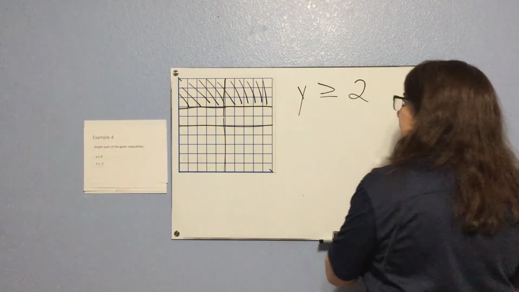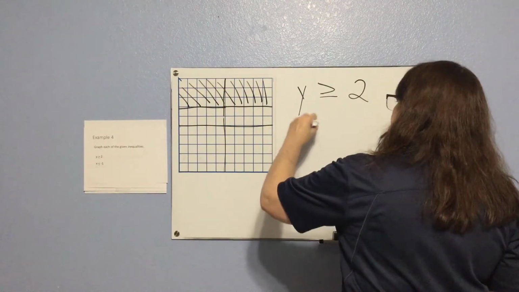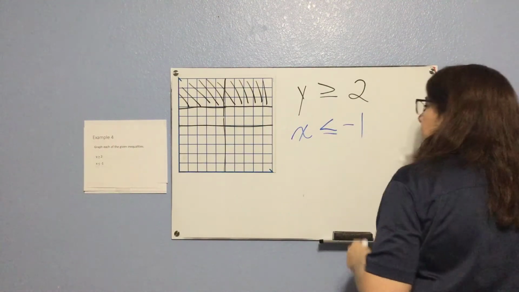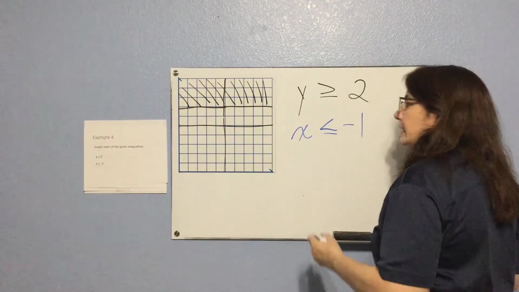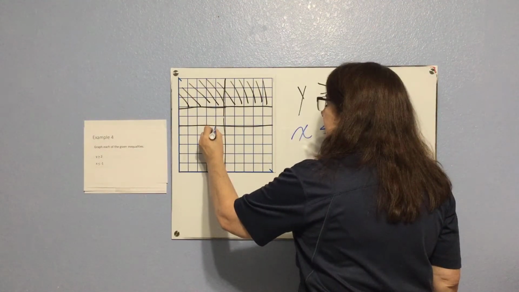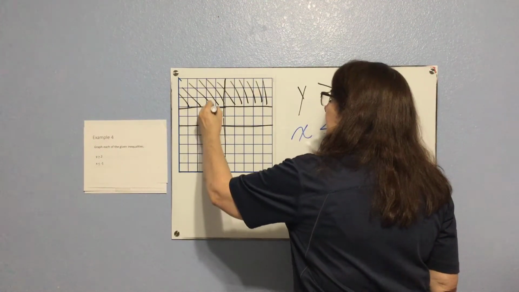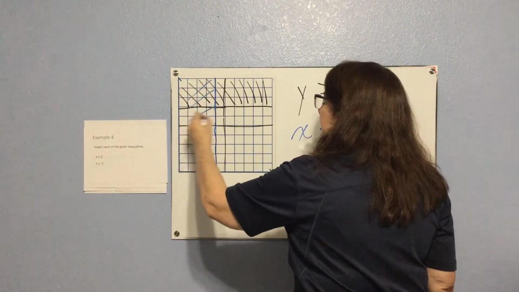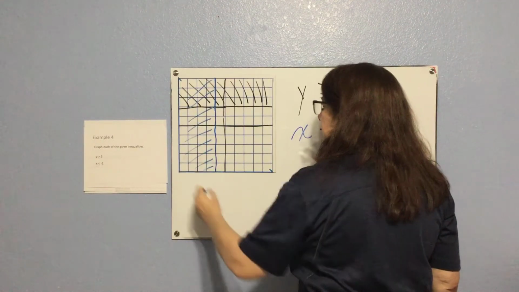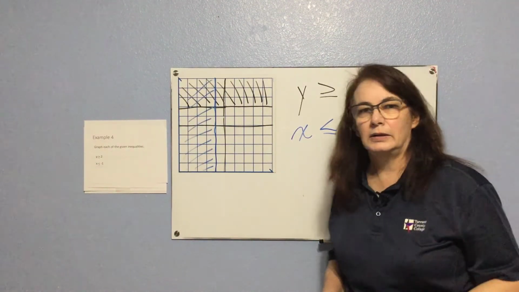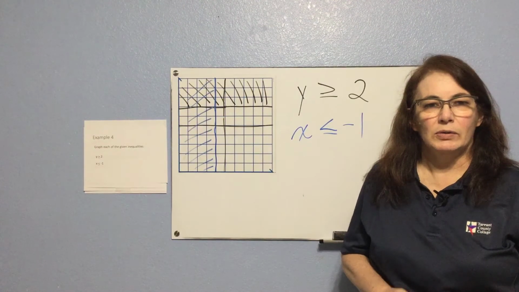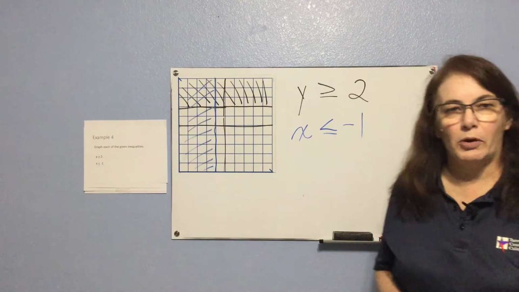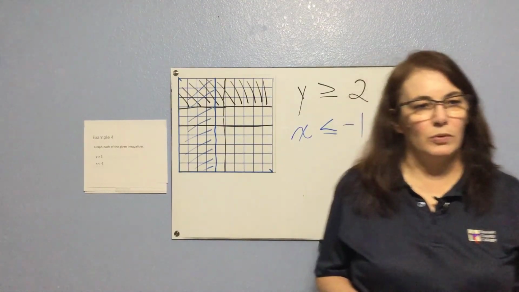In a similar way, if I have x less than or equal to -1, I know x equals -1 is a solid line, vertical, and less than would be in this area. So that's graphing inequalities where the border is either a vertical or a horizontal line. So pause your video now and work on checkpoint 4.